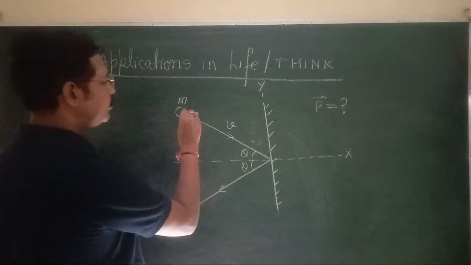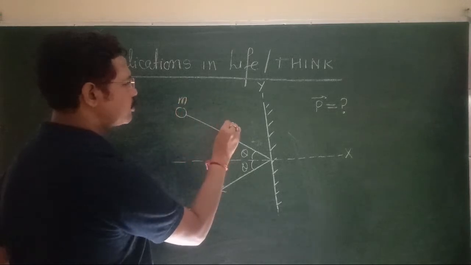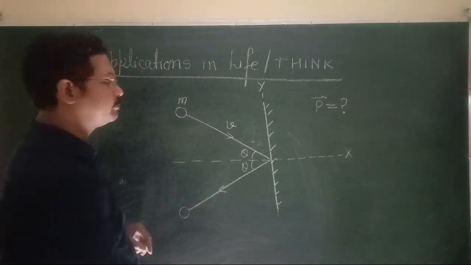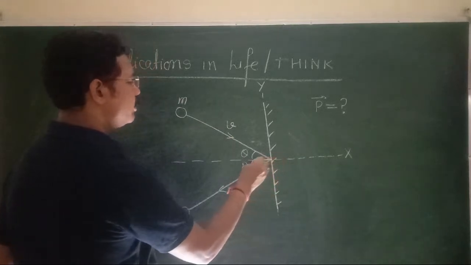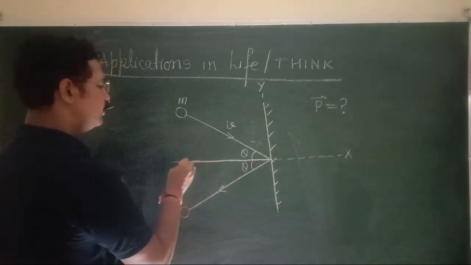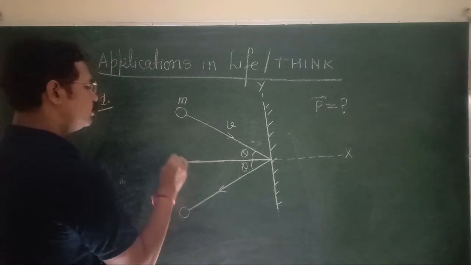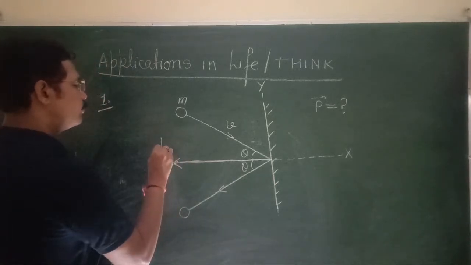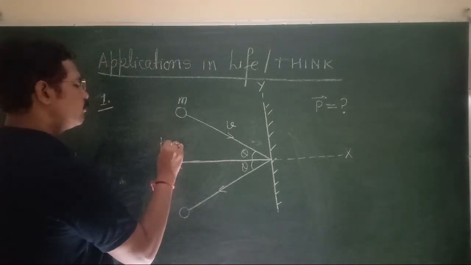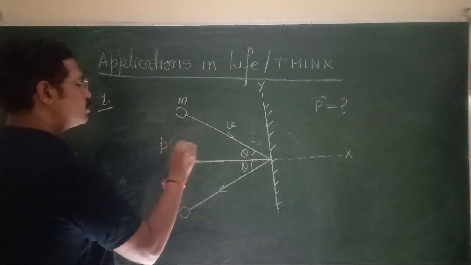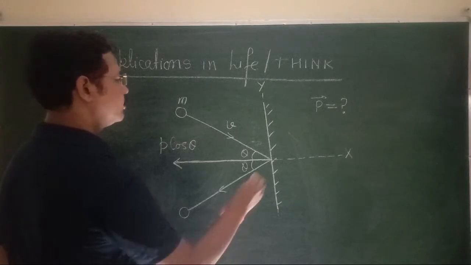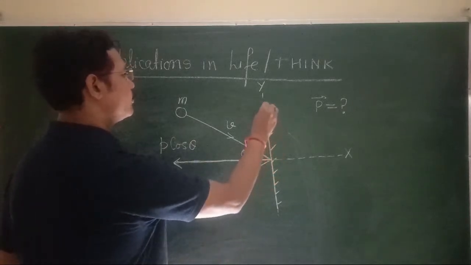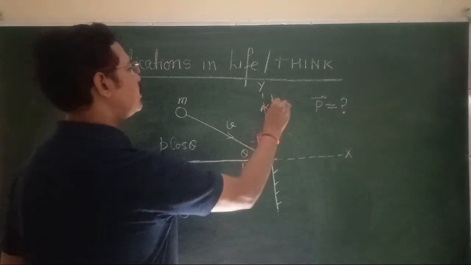Mass into velocity is momentum. So you can say the momentum of striking in the x-axis is P cos theta, and this is P sin theta.